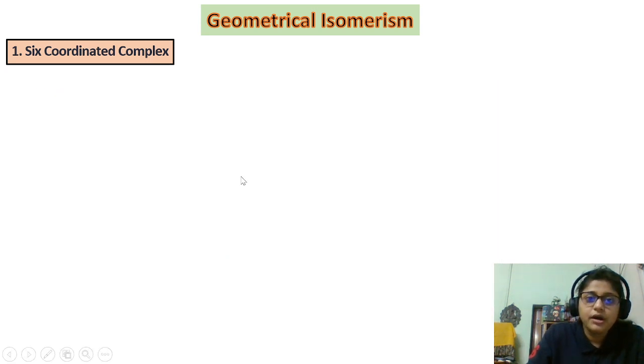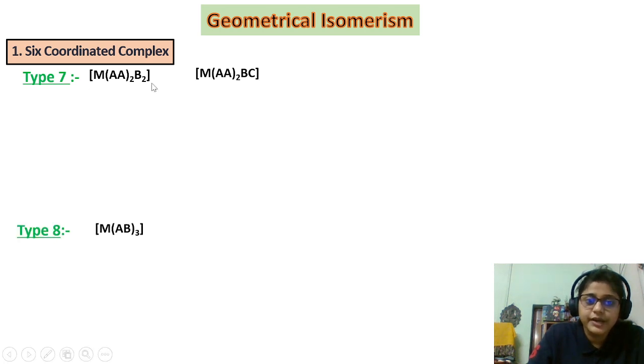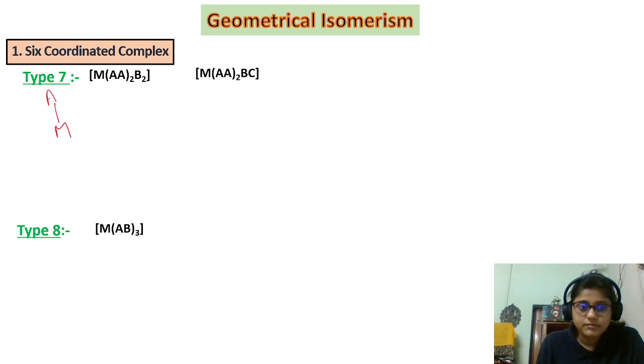Now, another type is where bidentate ligands are present. How can I draw it? Not only the bonds I am drawing first. So A can be here.